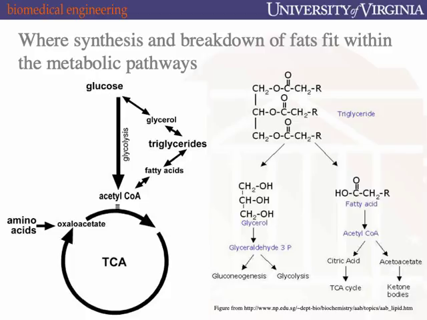The breakdown of fats, that pathway, it still starts at glucose. So your question is, how do you interpret this diagram? I haven't fully explained it. The bidirectional arrows here emphasize none of these steps are irreversible. So depending upon the concentration of products and reactants, you can run these in either direction.